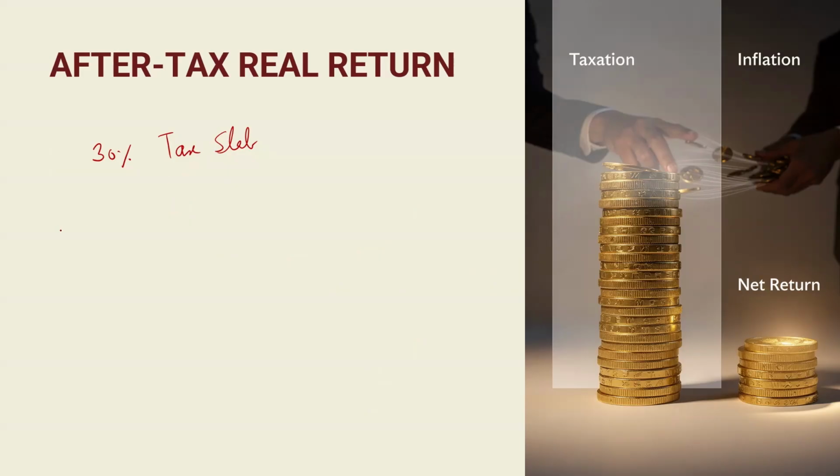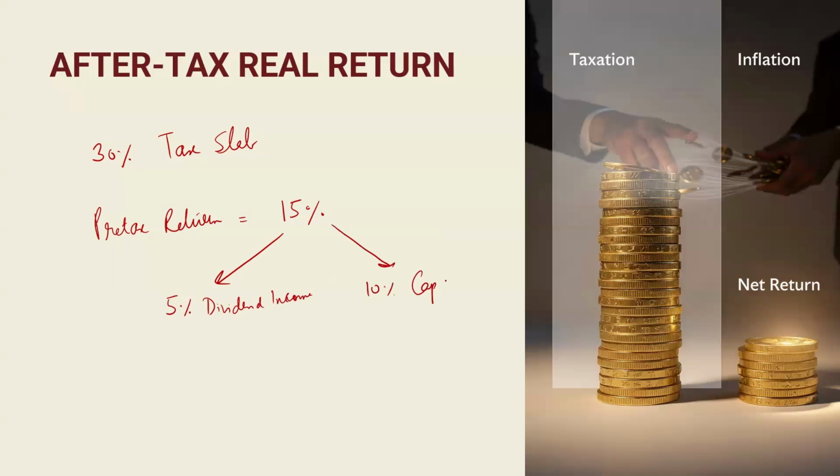Let's say the pre-tax return for the investor is 15%. You have 5% dividend income, and let's say you have 10% capital gains.